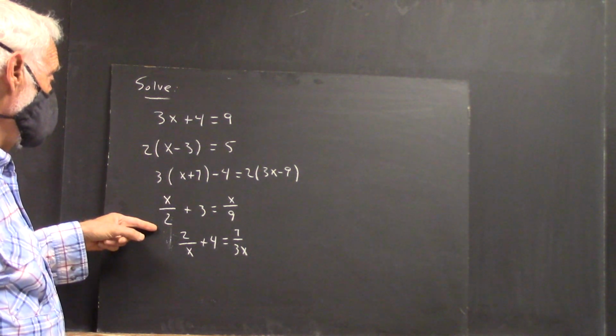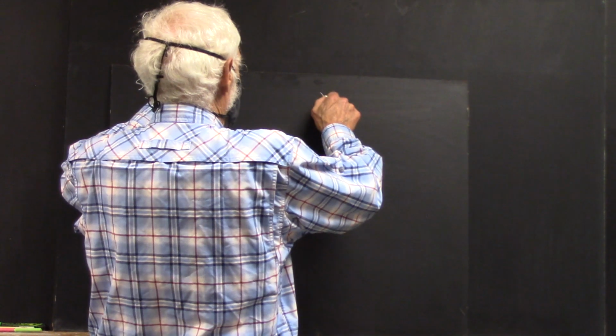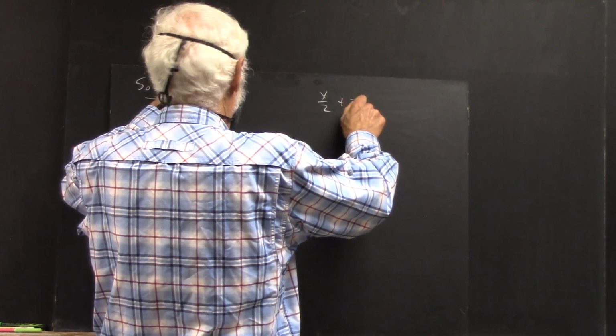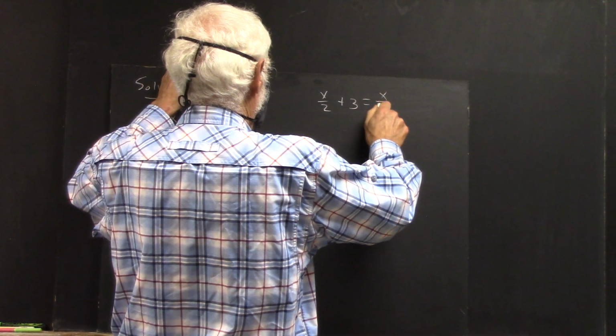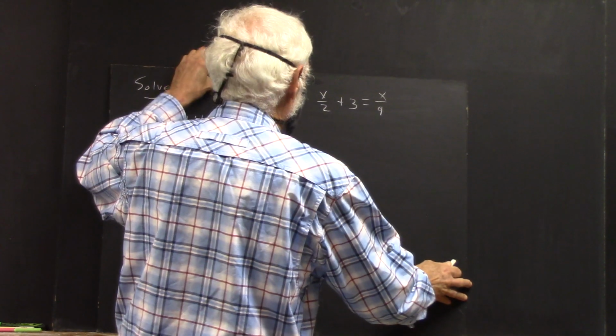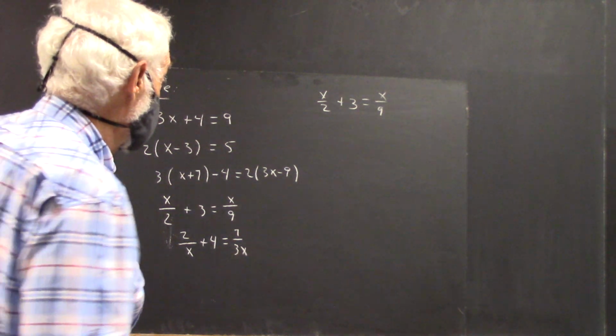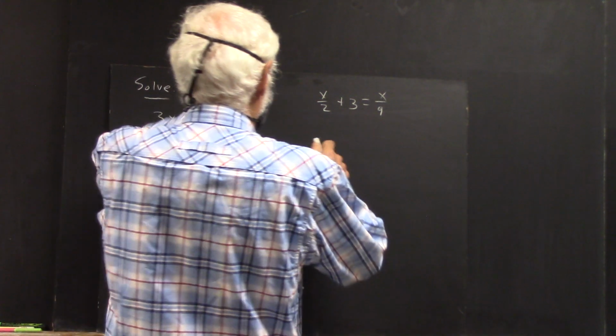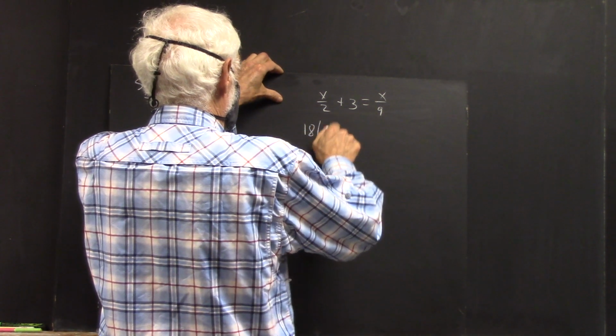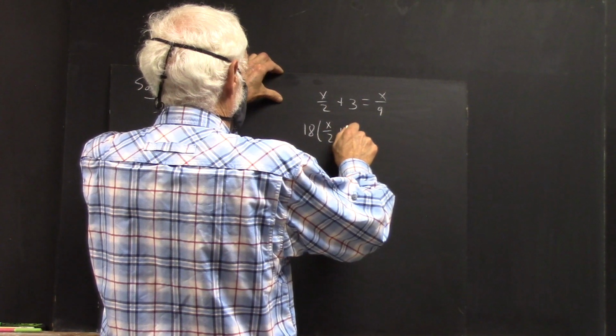Okay. So we have this equation, x over 2 plus 3 equals x over 9. And what you do is you multiply by 18, because 18 is your common denominator.